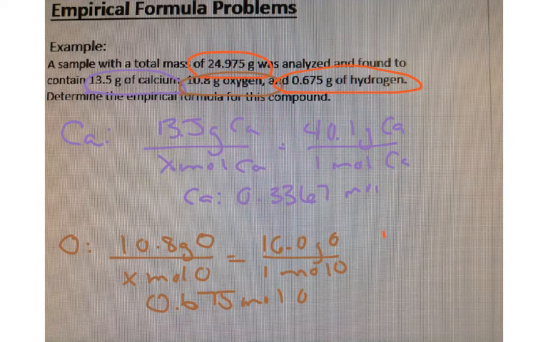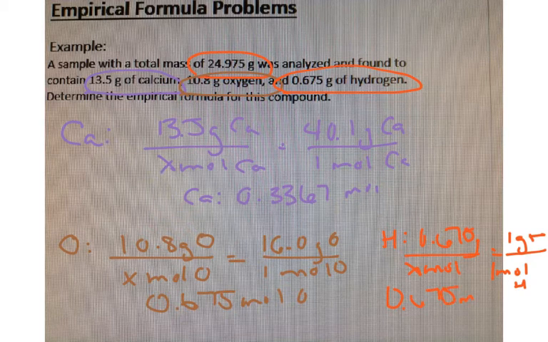In hydrogen, we have 0.675 grams, and we need to figure out how many moles that is. I know that there is 1 gram of hydrogen for every 1 mole of hydrogen. So when I cross multiply this, I get 0.675 moles.